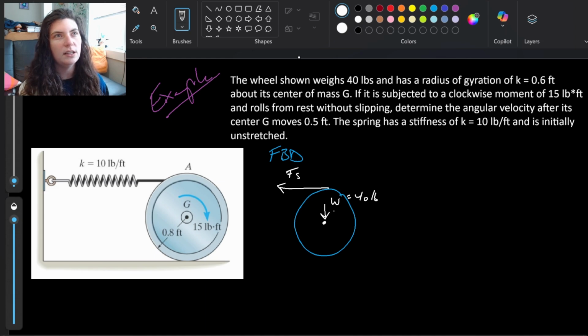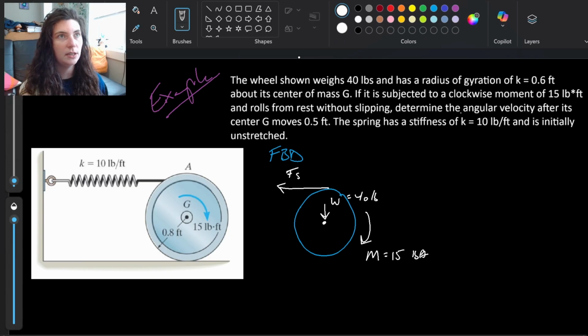And then let me look through my prompt. Weight of 40 pounds, radius of gyration k, that doesn't apply to my free body diagram. Subjected to a clockwise moment. Yes, our clockwise moment, right? We haven't had a lot of moments yet in our free body diagrams, but it's very important that we include them, right? They do go on a free body diagram. So I'm going to pop this right in here, an applied moment of 15 pound-feet.